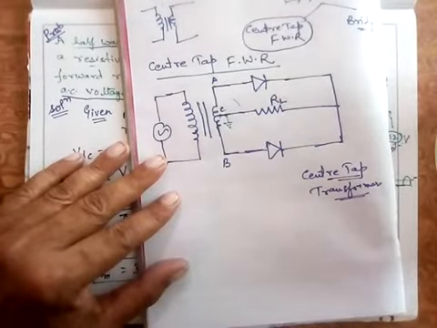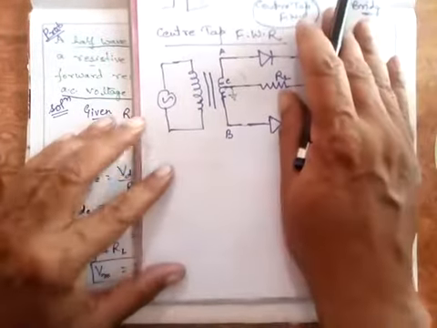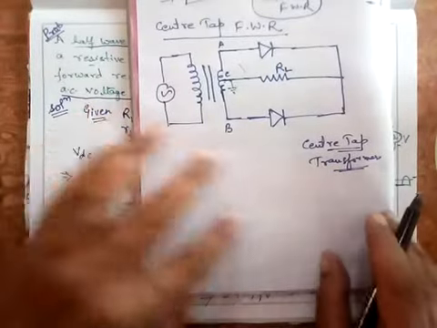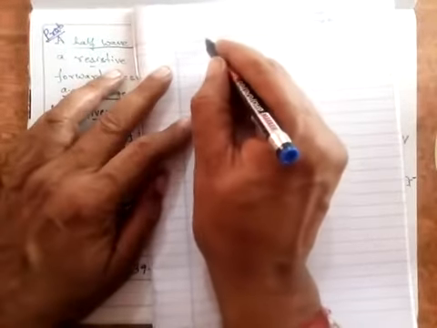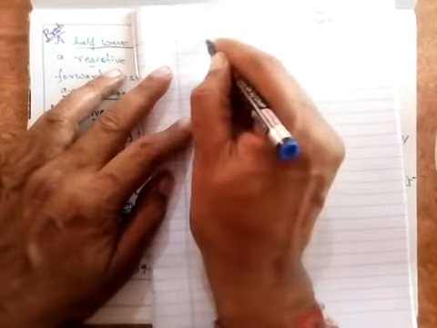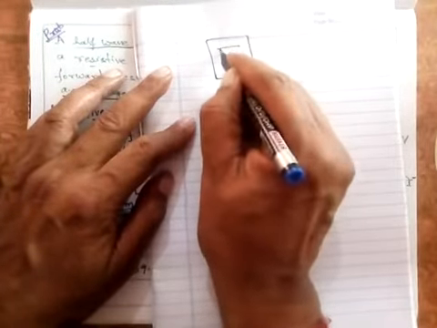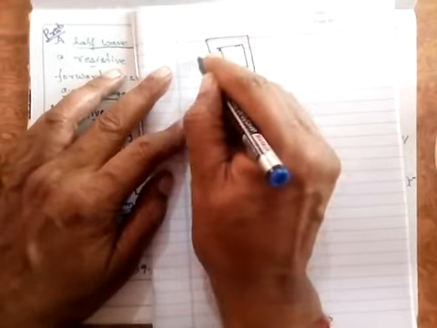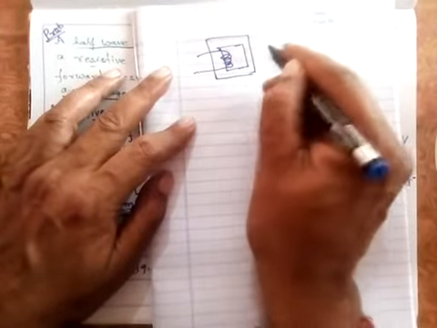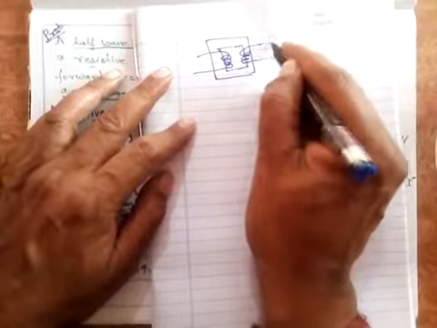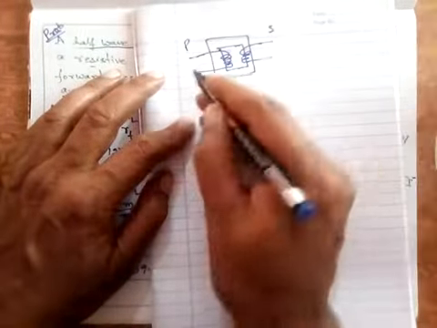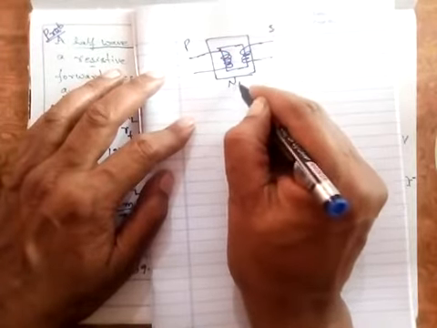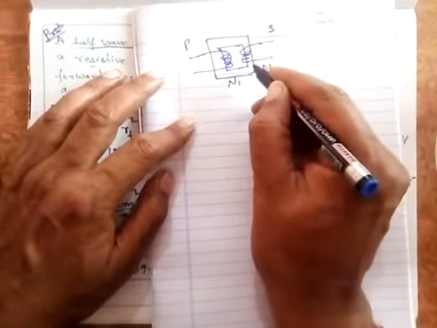What do you mean by the center tap transformer? First, a simple transformer is something like this: you have an inductive core, on one side some copper windings, and on the other side some windings. This is called the primary and this is called the secondary. Suppose you have N1 turns here and N2 turns here.